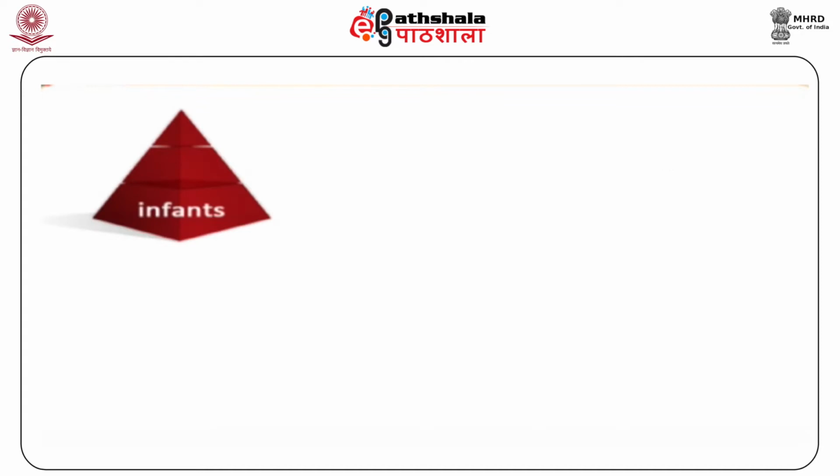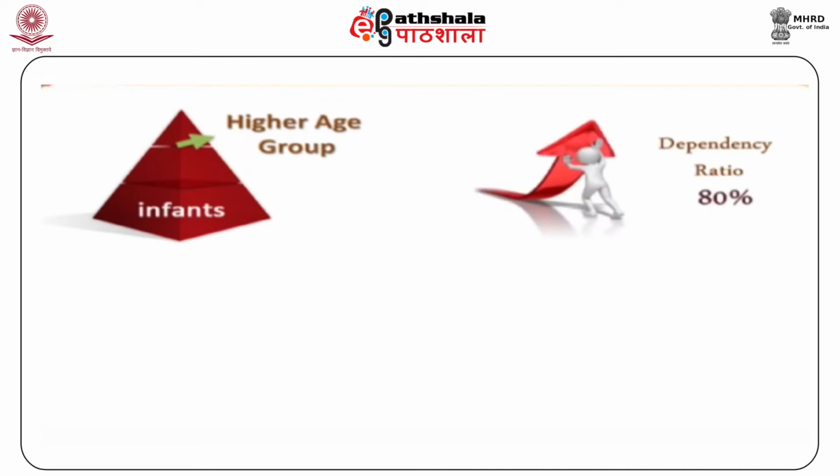The age structure was like that of a pyramid. Lots of infants were born, but fewer and fewer reached the higher age groups. The dependency ratio was very high, around 80% between 1881 and 1941.